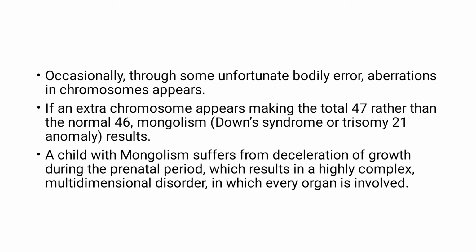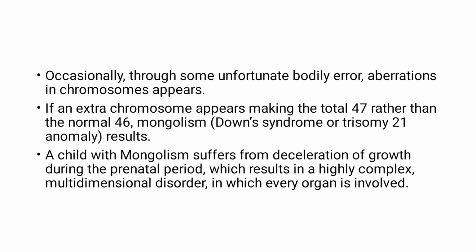Occasionally, some unfortunate errors can occur during the fusion, which are called aberrations in chromosomes. If an extra chromosome appears, that is, instead of 46 chromosomes you have 47 chromosomes, it results in a disorder called trisomy 21 or Down syndrome, otherwise called Mongolism.